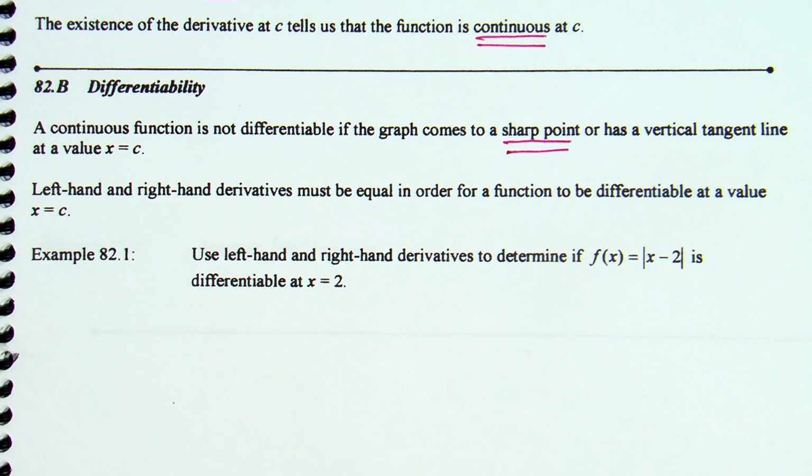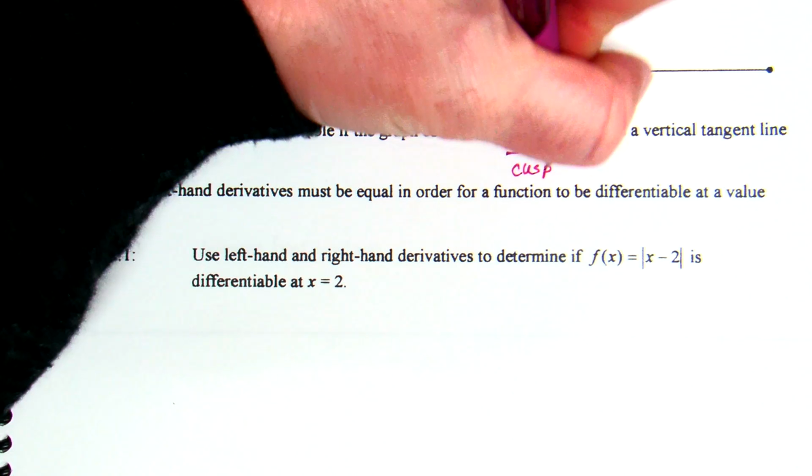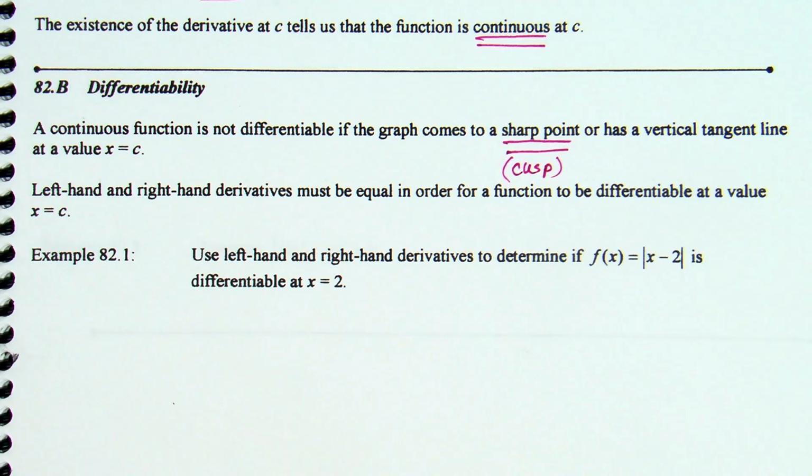So a sharp point, or you might hear the word cusp. We'll look at some pictures here in a moment. But a sharp point or cusp means that your function is not differentiable at that point. You might be able to take the derivative everywhere else, but not at that one point.